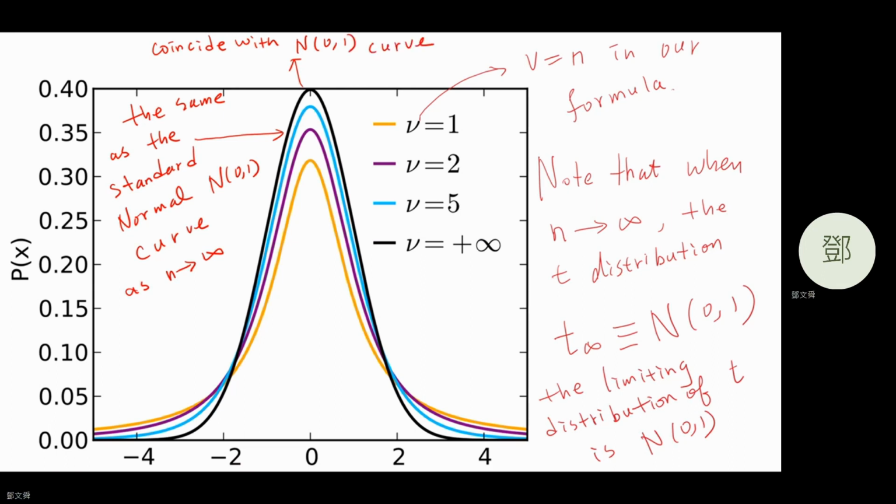Coincide with the standard normal curve when n goes to infinity, the black curve. See that?